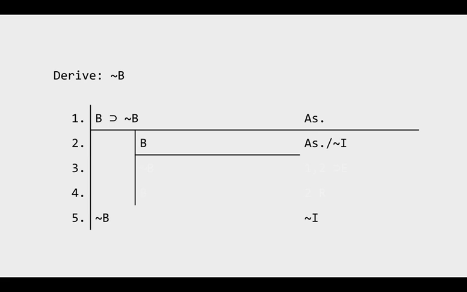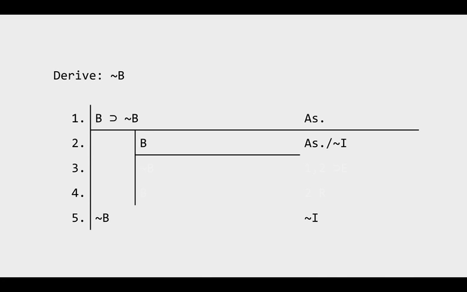Because I've decided to get to line 5 using tilde introduction, line 2 is just what I want in line 5 minus a tilde. So there is my assumption label, line 2, the justification is assumption for tilde introduction.